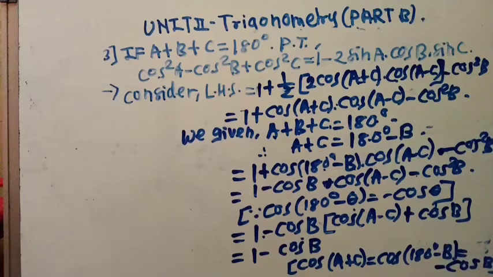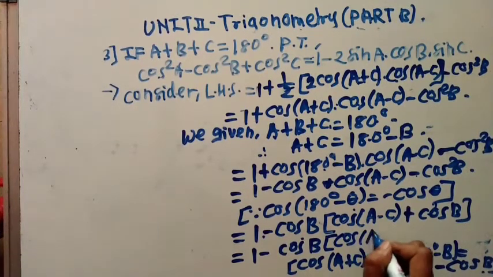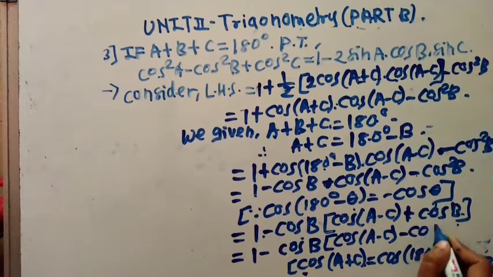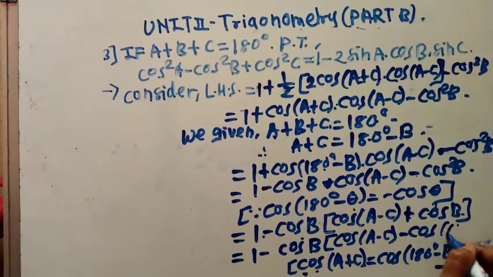So cos b is equal to −cos(a + c). Then cos(a − c) − cos b is the −cos(a + c).